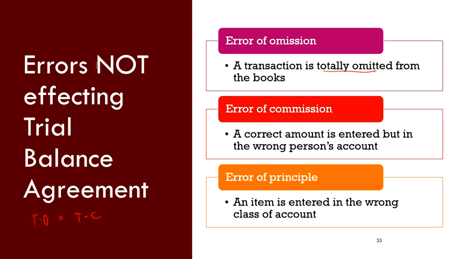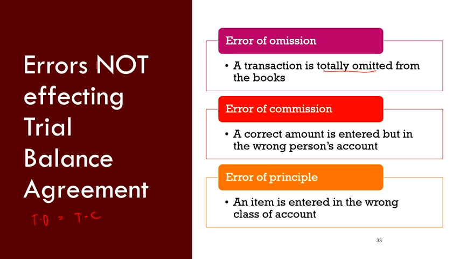Okay, so next error is error of commission. Error of commission is a correct amount entered but in the wrong person's account. So it means you post the correct amount in an account of the same category.